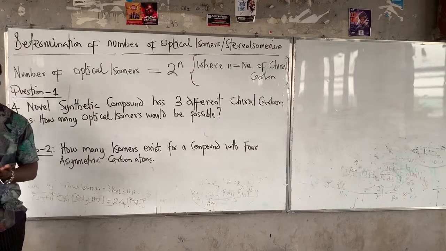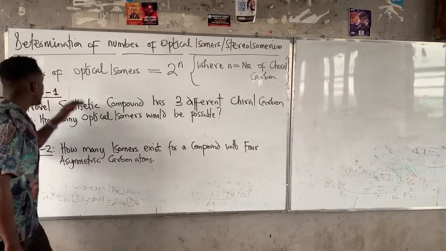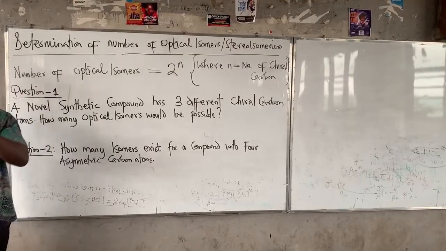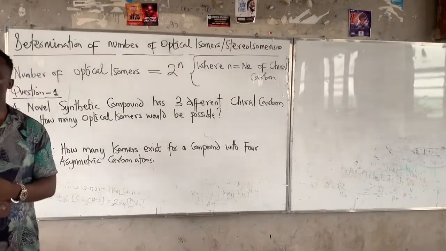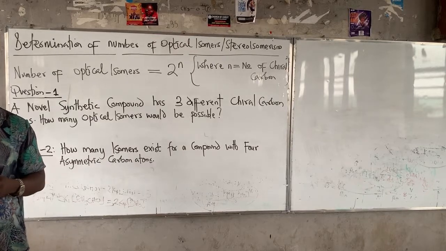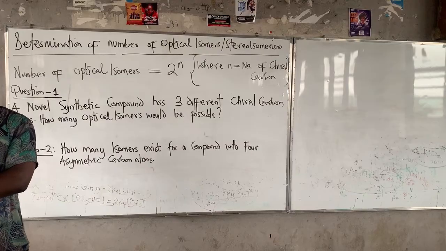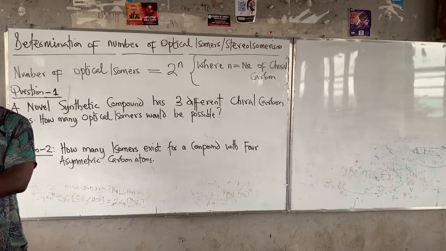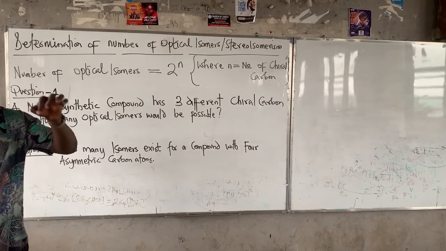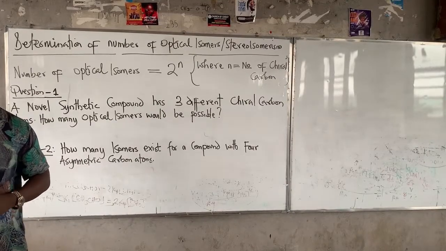Now, the combination of optical isomers, which are also known as stereoisomers. Remember, if a compound has one chiral carbon, it can only have one mirror image, so that the mirror image and itself give us two compounds.